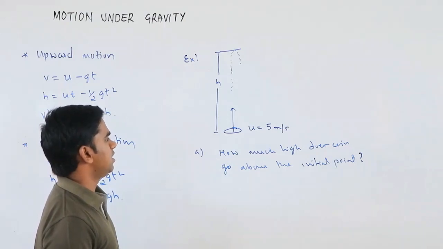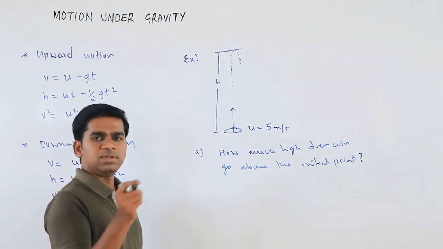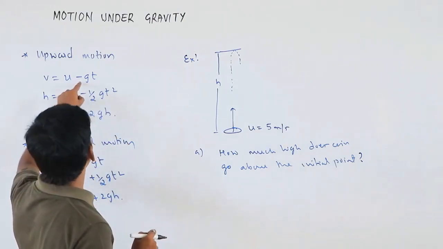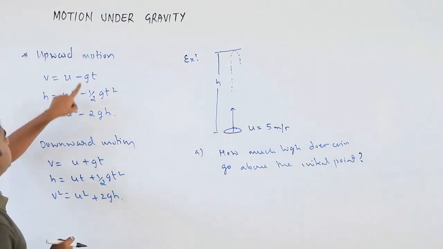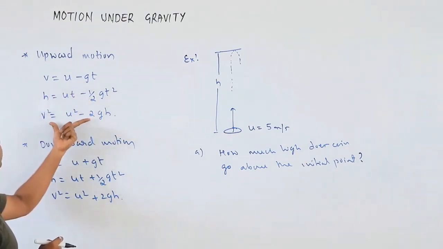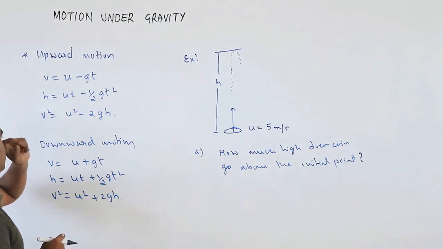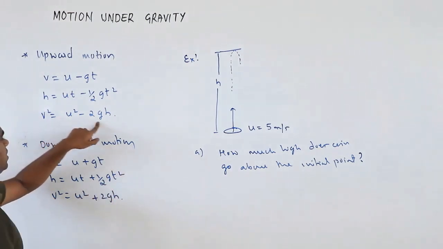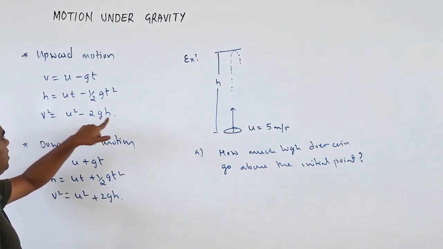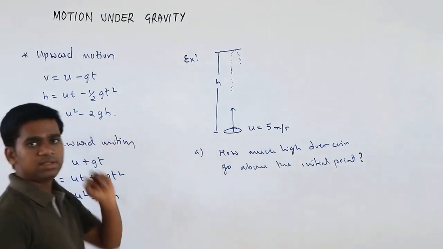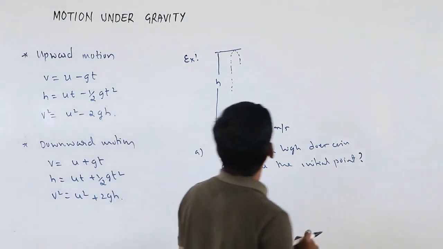So how to select that one? T we don't know. So in the first 2 equations, T is there, so these will not be used for us. In the third equation, T is not there. What is there? U is there. We know U, G is also known, H we have to find. V, do you know the value of V?